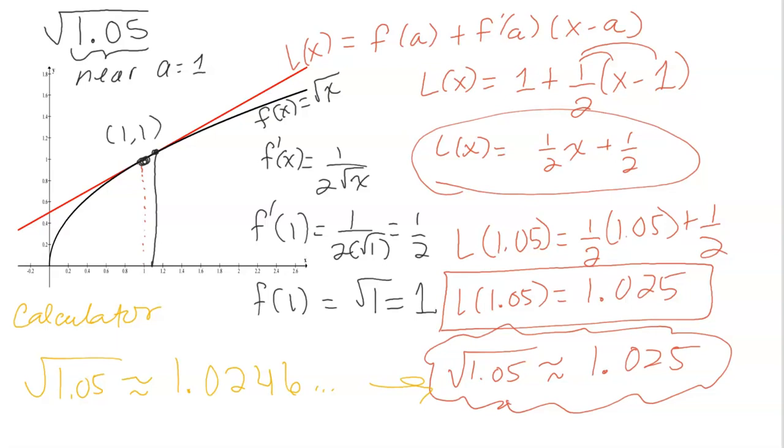You might ask, why do we even need a linear approximation when we have a calculator? Well, back in the days when they didn't have calculators, that's what they would try to do. And also, a linear function is a lot easier to deal with than a square root function.